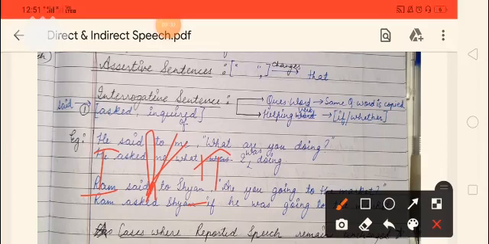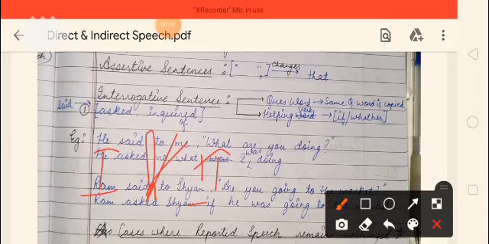First, if the sentence starts with a question word, for example, what is your name. This is an interrogative sentence. And the second case is where the sentence starts with a helping verb, for example, are you going to market. This is also an interrogative sentence, so there are two cases.